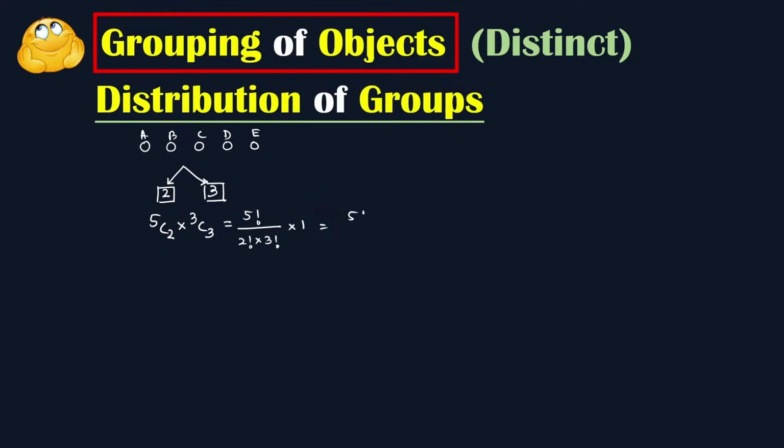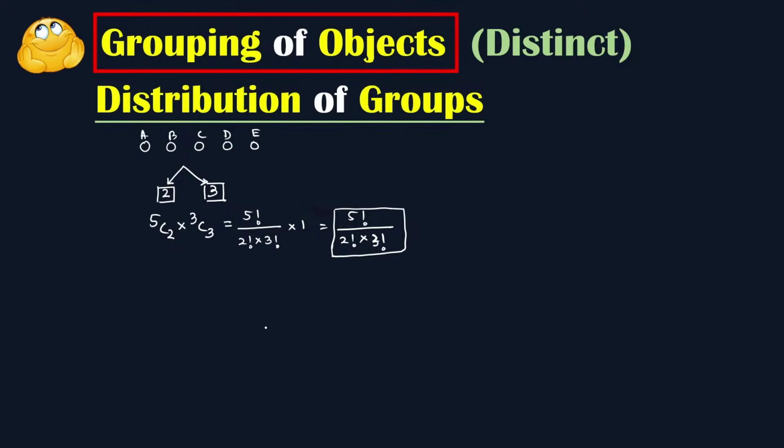So actually we are having factorial 5 divided by factorial 2 into factorial 3. Is it clear? So this is the total number of ways of forming these 2 groups which are having 2 and 3 objects. Is this clear to everyone?